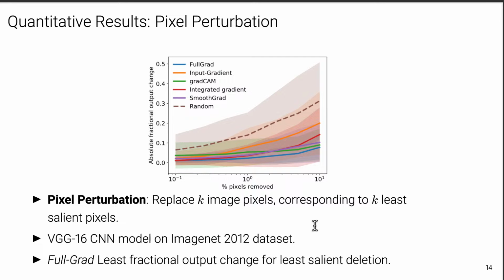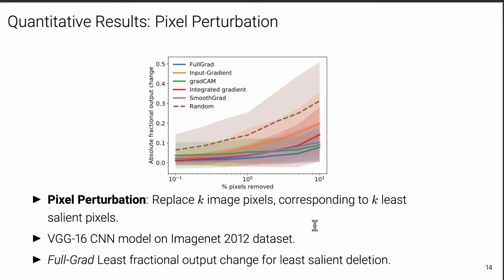That means we replace k image pixels corresponding to the least salient pixels. So instead of replacing the most salient pixels, we replace the least salient pixels. And the author argues that the reason for this is that we want to create fewer artifacts in the input, and we're going to just see what the change in the output is.